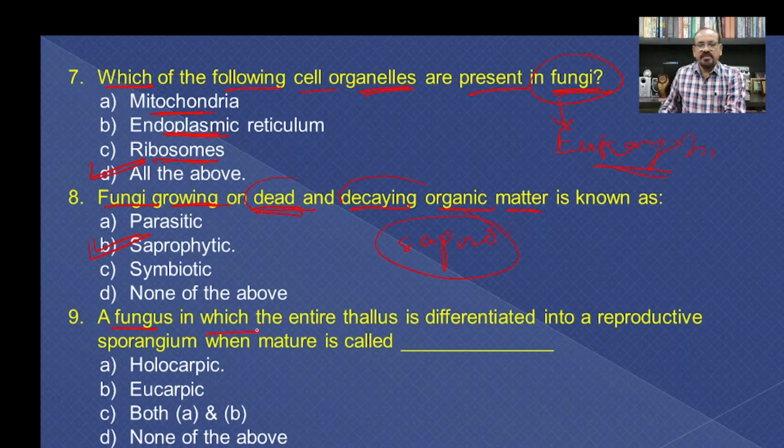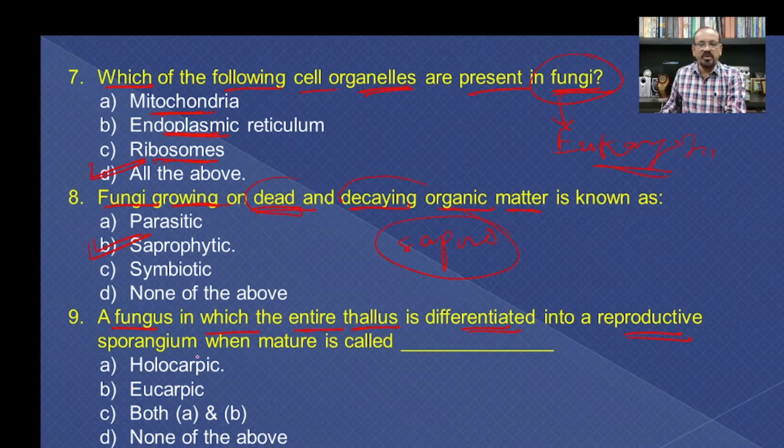A fungus in which the entire thallus is differentiated into the reproductive sporangium when mature is called as. It is a characteristic feature of the fungi in which either the whole vegetative structure is converted into the reproductive structure at the time of reproduction, while in some fungi only some of the part develops into the reproductive organ.